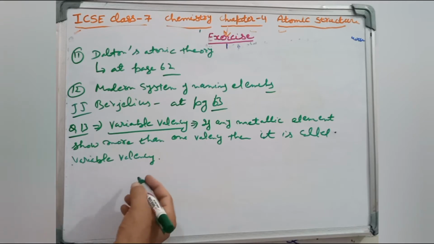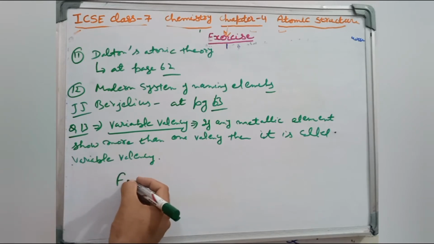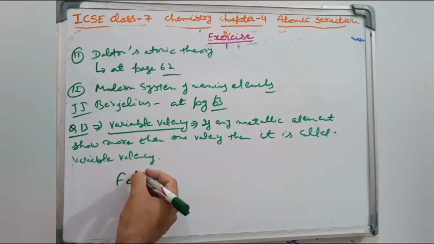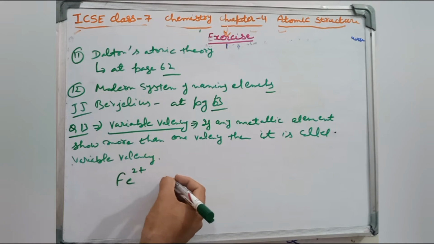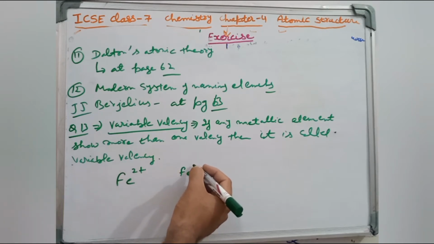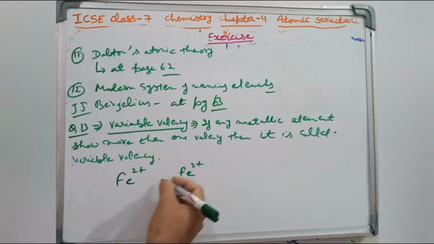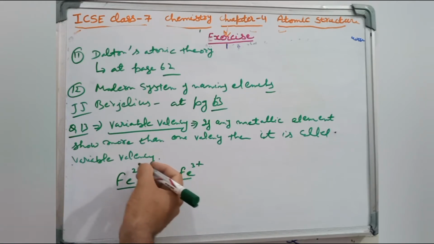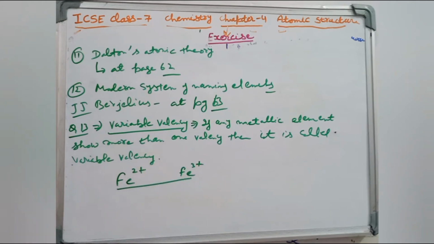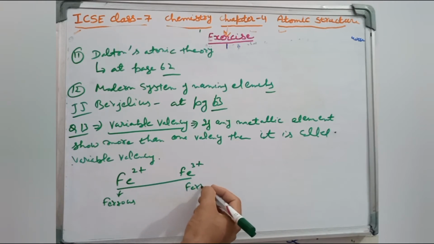Its examples you will study in higher classes. Iron is a metal, so it shows ferric and ferrous, Fe2+ and Fe3+. One element showing two valencies, more than one valency. This is ferrous and this is ferric.